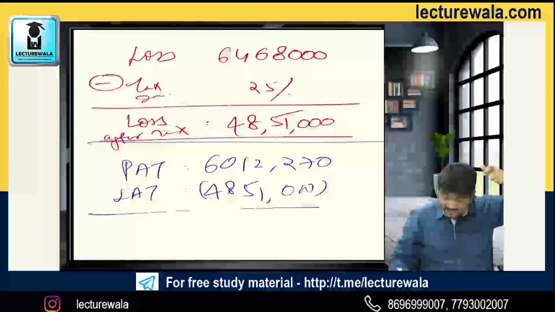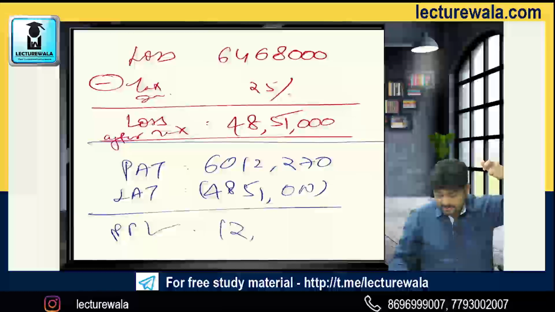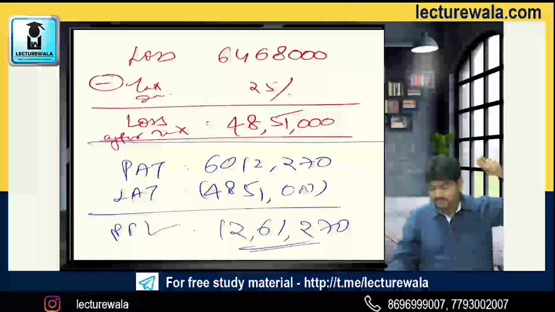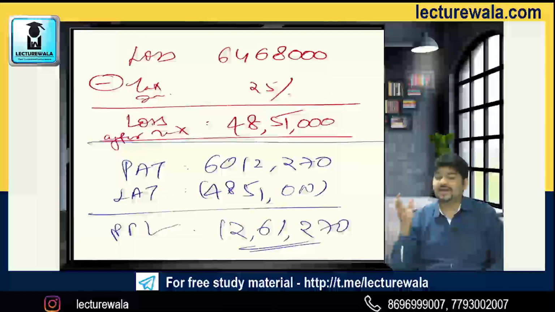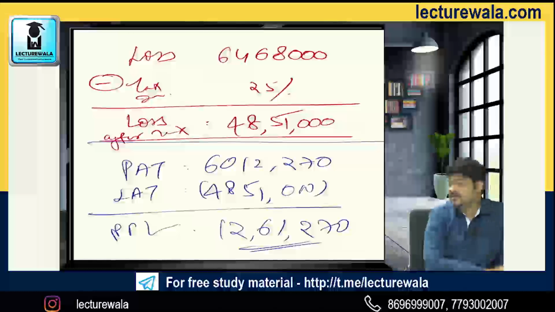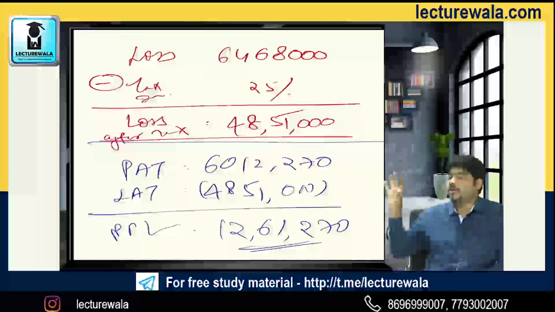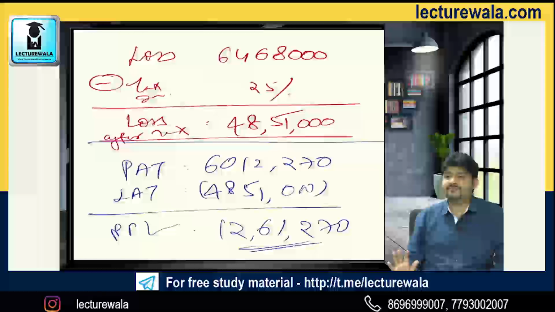So net we are making a profit after tax of 12 lakh 61,270. So what will be our financial advice to USSCI? We should go ahead with India purchasing from the Japanese MNC after considering all the provisions of taxation.